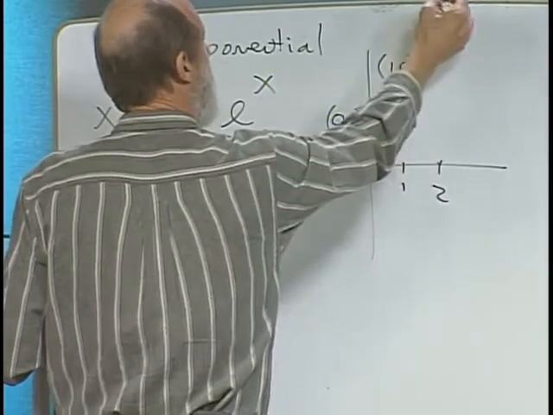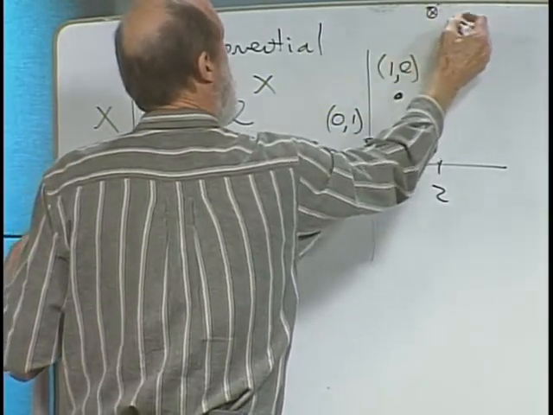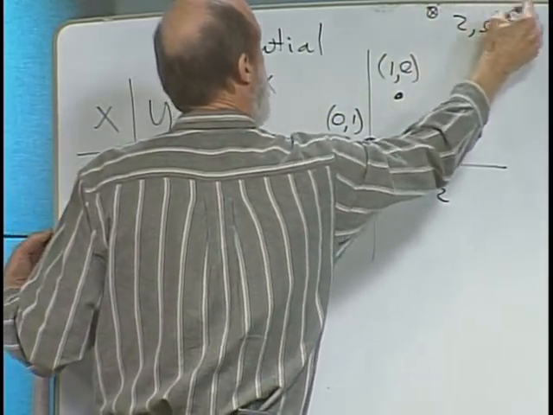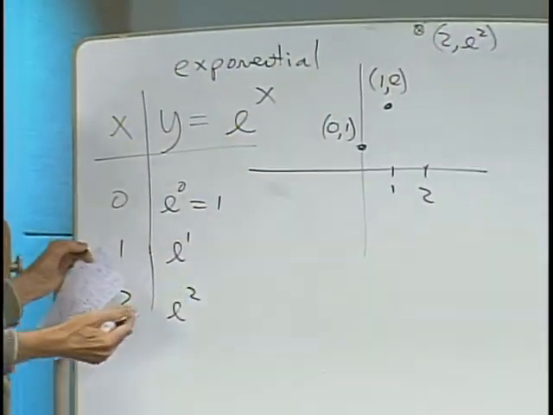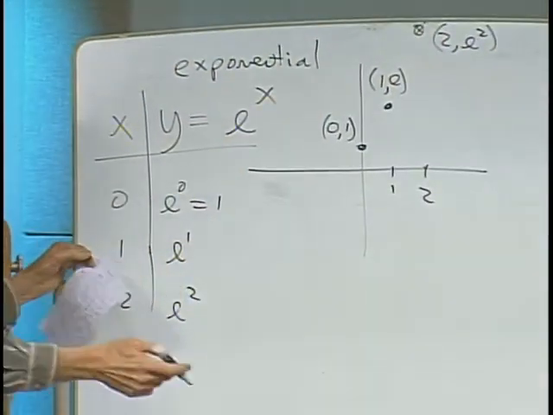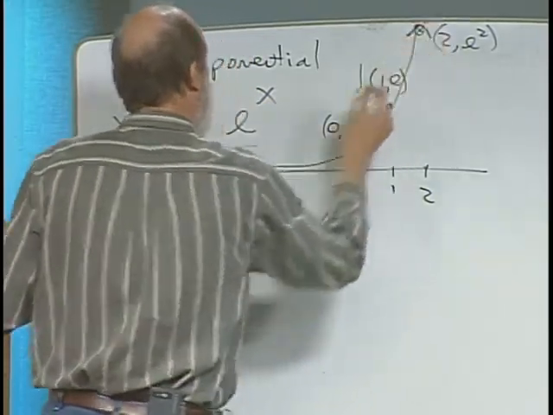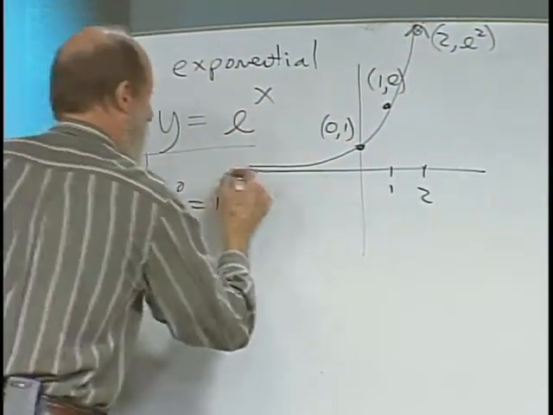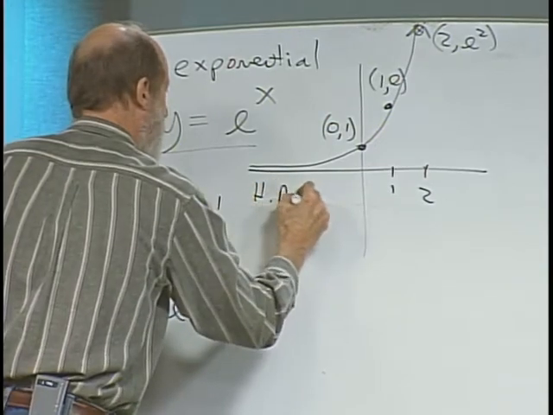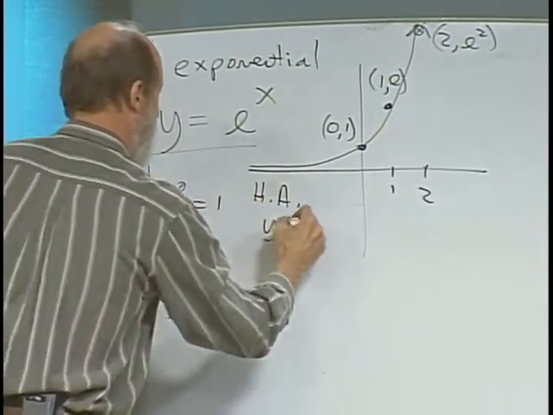When you're at 2, it's clear up here. e squared, which is 7 point something. It's growing as a multiple of the base. And so the graph ends up looking like this. Exponential functions always have a horizontal asymptote. In this case, y equals 0.